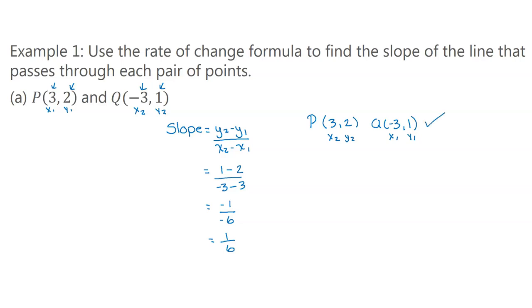So that is okay. But one thing you can't do is mix up an x1 with a y2. So if you said this was x1 and y2, and this was x2 and a y1, this would be incorrect. You have to keep your x1s with your y1s and your x2s with your y2s.